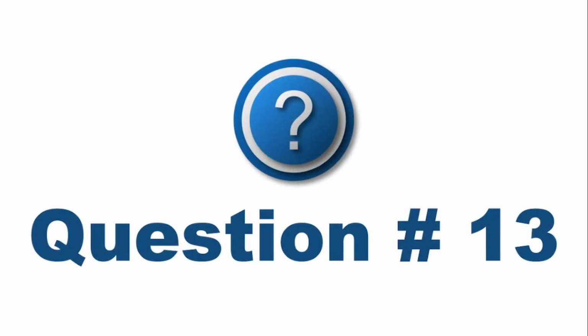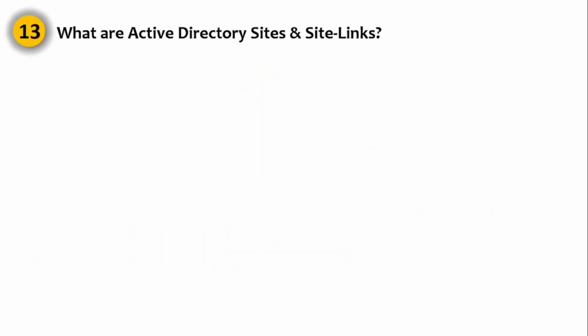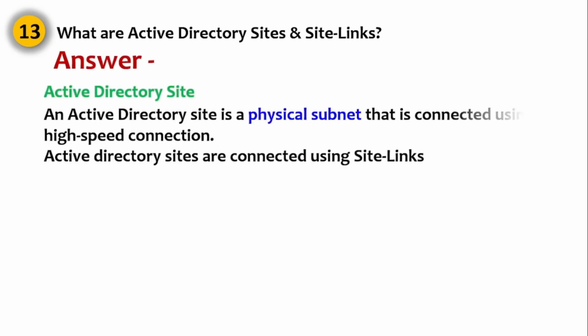Question number 13. What are Active Directory sites and site links? The answer: an Active Directory site is a physical subnet that is connected using a high-speed connection.